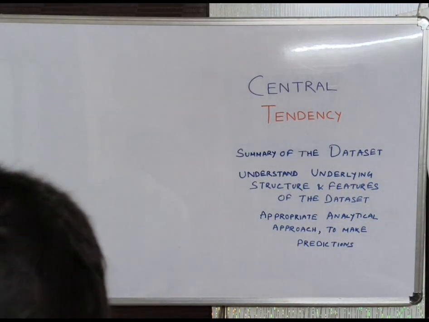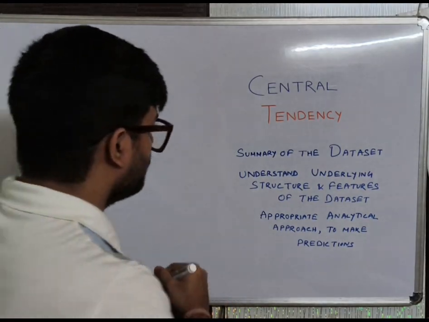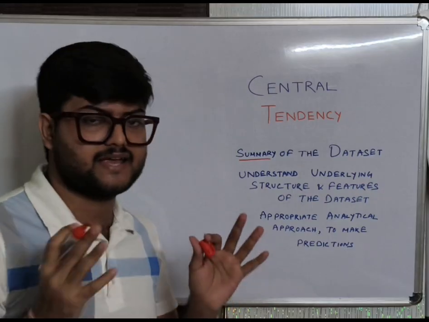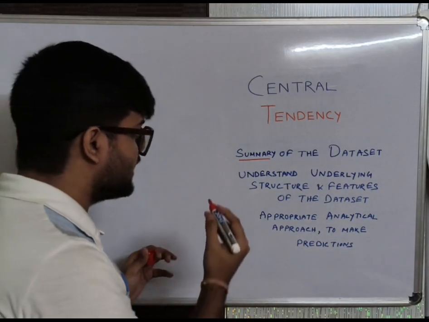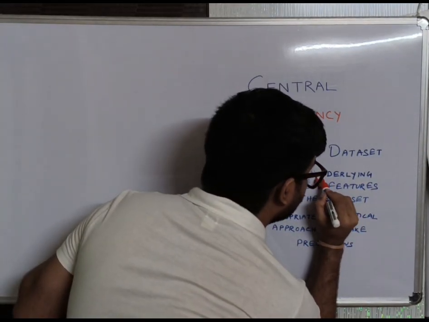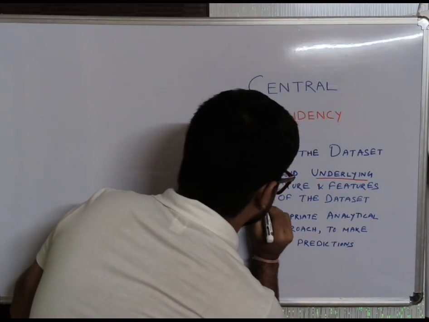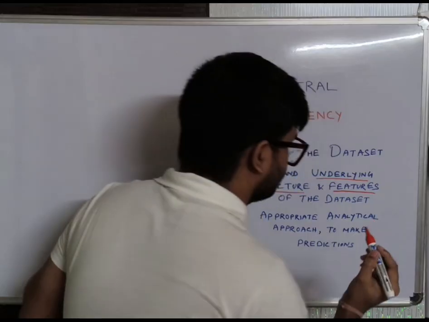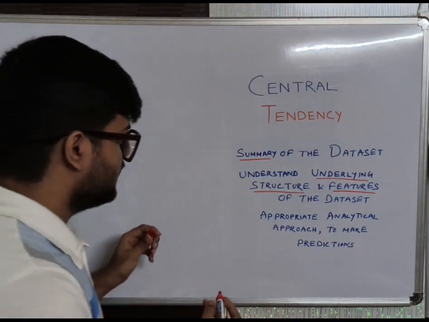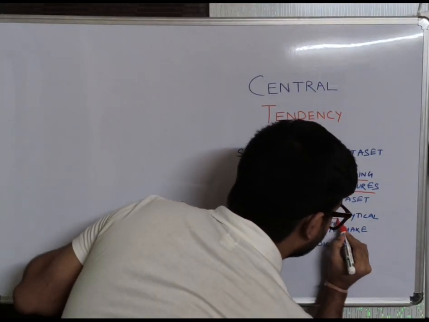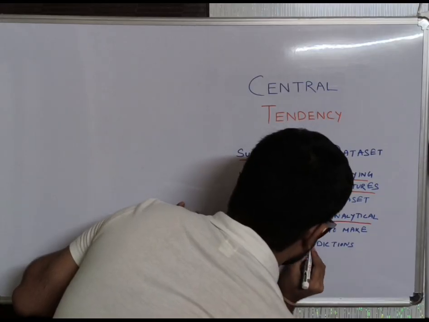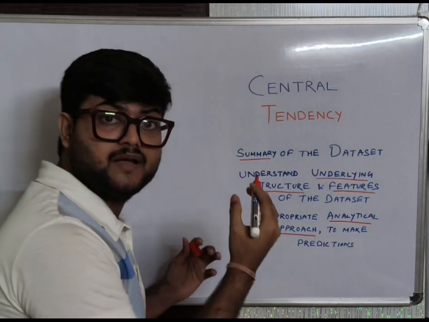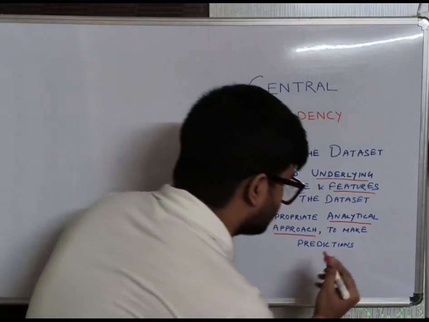So three things: from the central value we get the summary of the data set. Then we understand the underlying structure of the data set and the features that the data set has, and from there the appropriate analytical approach that helps us to make predictions about this data set.